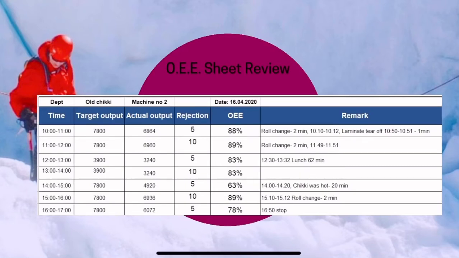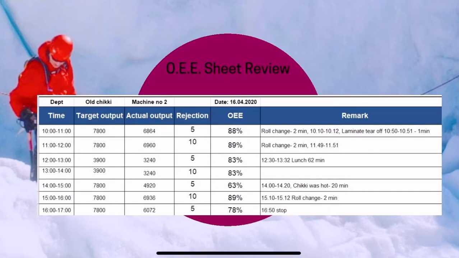In the previous lectures we have discussed that it contains time, target output, actual output, rejection, O.E.E. and remarks. In the remarks, we identify and write the reasons due to which the machine has not performed as it should.